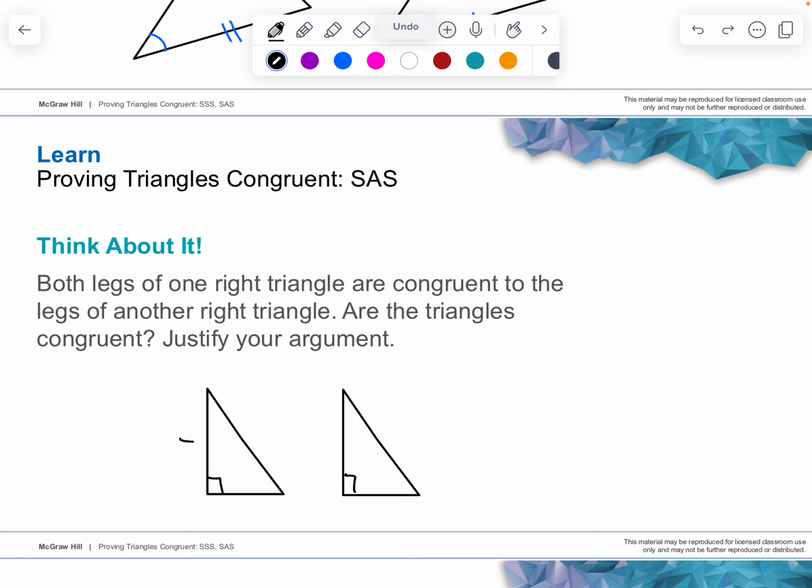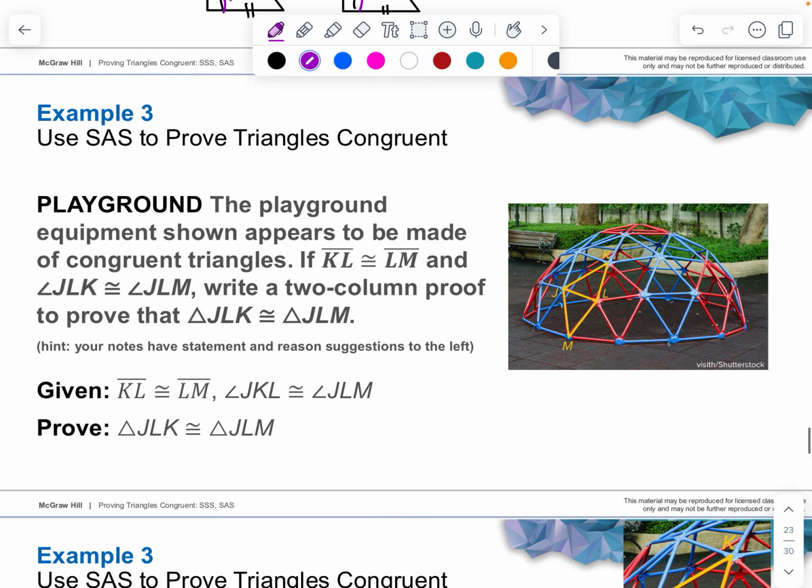So we've got this equal to that one, and this one equal to this. Is that side angle side? Yes. By side angle side congruence, because this would also be congruent because they are both 90 degrees. Absolutely. Okay, so let's go down and look at this proof.